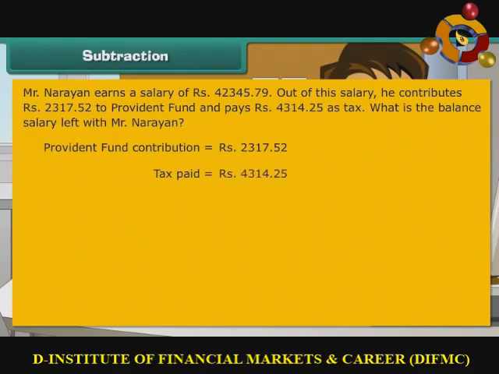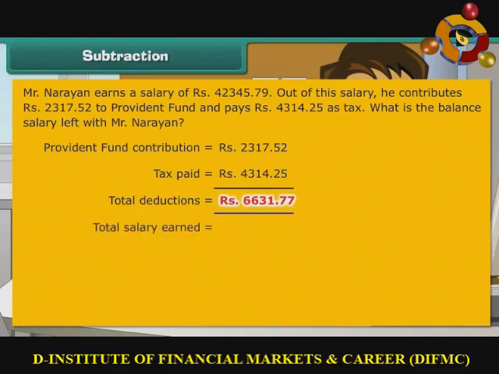4,314.25. We add the two to get the total deductions as rupees 6,631.77. Total salary earned is rupees 42,345.79.